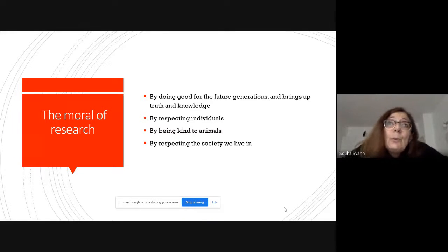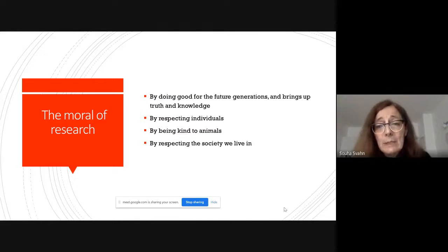We want to do something which can create, how can I say, like easiness in life. For example, look at the washing machine. Because of research, we had this washing machine. Because of research, we had internet. Because of research, we had this computer. So when it brings something positive to the future generation, that's why we need research.